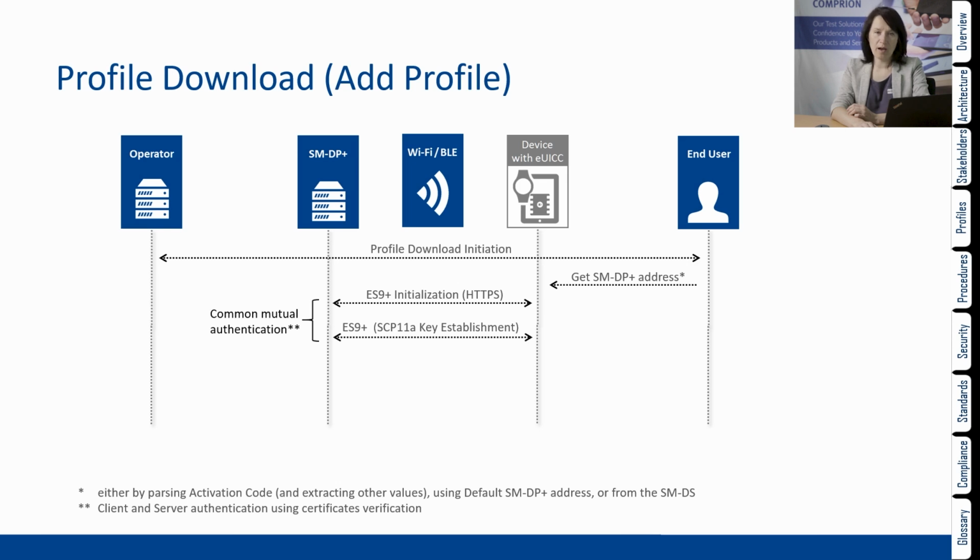This is the client and server authentication using certificate verification. If it was successful, then at the end the profile policy rules will be verified, and if everything is fine, the profile download can be started. From the security perspective, we have the HTTPS, and finally, after the key establishment, the SCP03t protocol will be used, and the profile will be secured with the SCP03t.